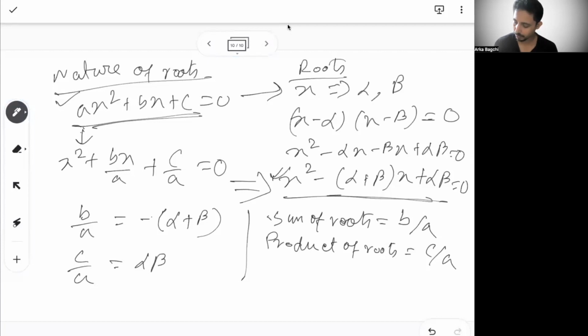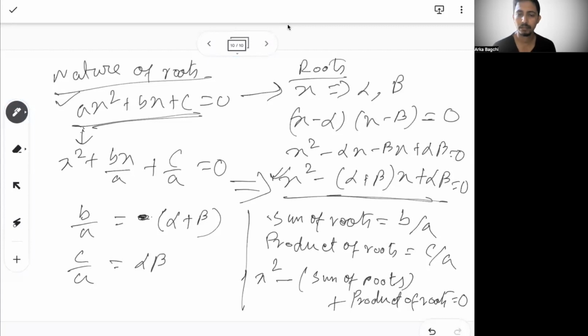The equation will become x square minus sum of roots, this is alpha plus beta, into x plus product of roots, equal to 0. So this is a very important understanding. So x square minus sum of roots into x plus product of roots equal to 0.